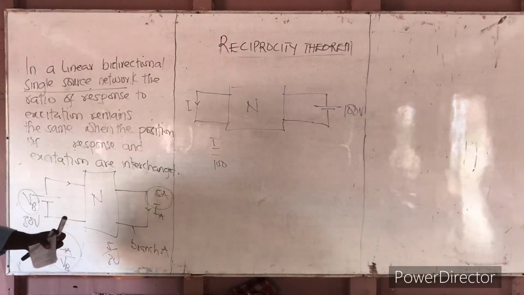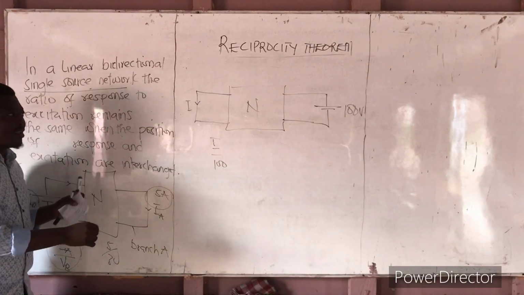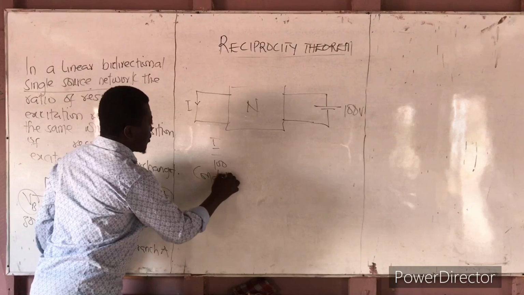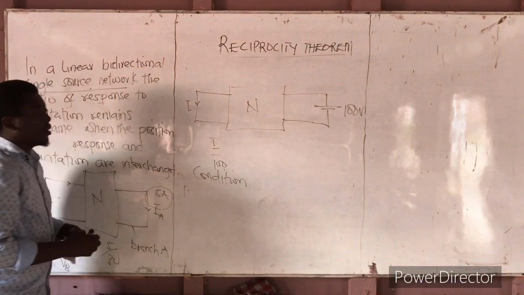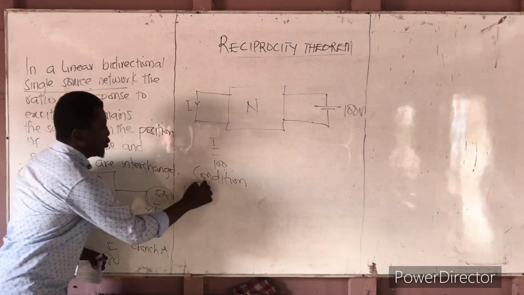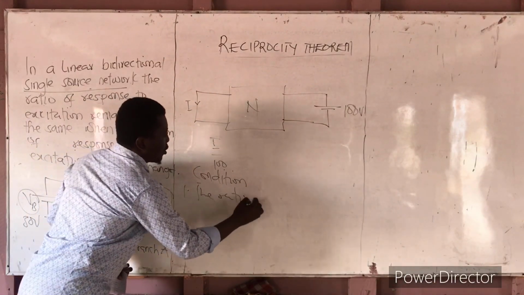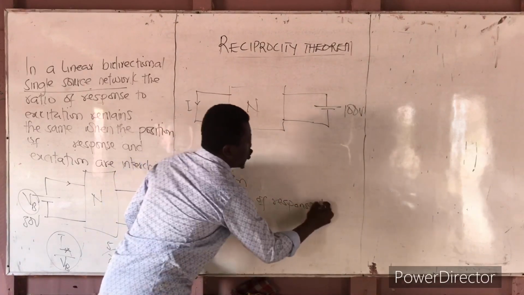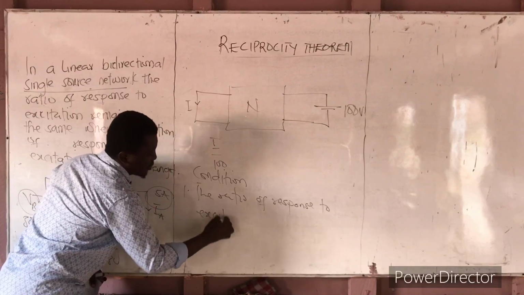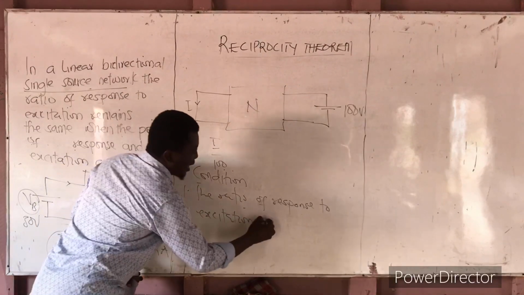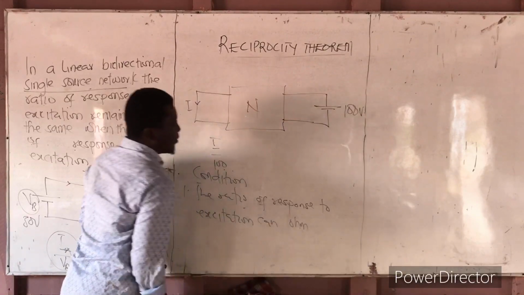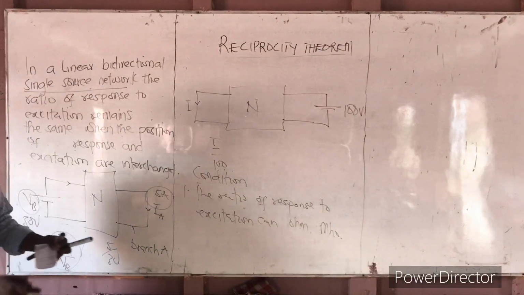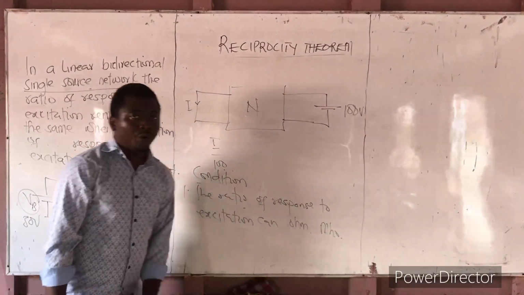But there are some conditions. If those conditions are not satisfied, you can't apply reciprocity. These conditions are as follows. One: the ratio of response to excitation can be ohmic or mho.